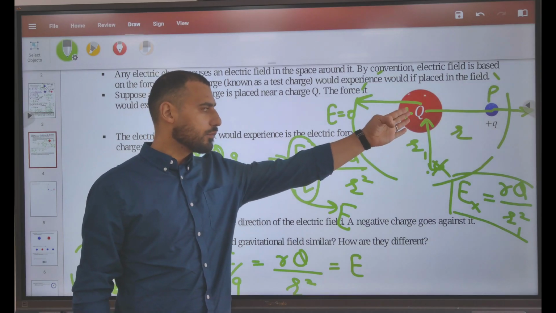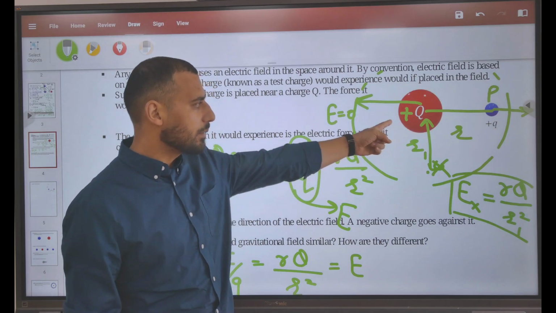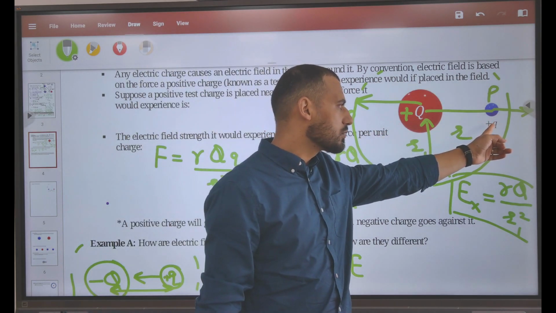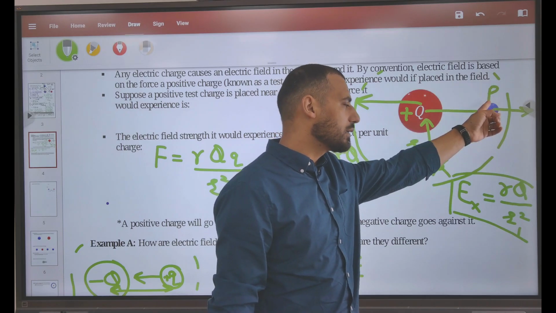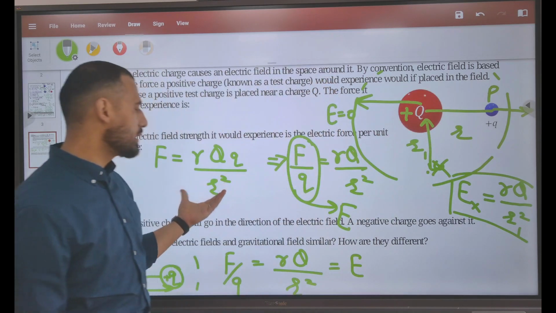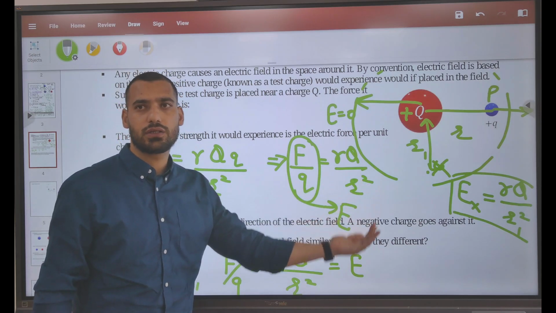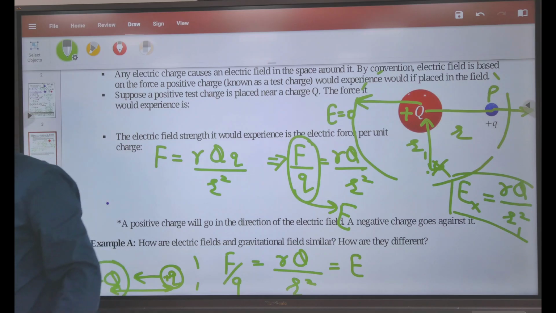Electric field for a positive charge, plus capital Q, you place some small charge plus small q at point P, which is at a distance of R. So you calculate the force, and then you calculate force per unit of charge. This is electric field, gamma Q upon R square.